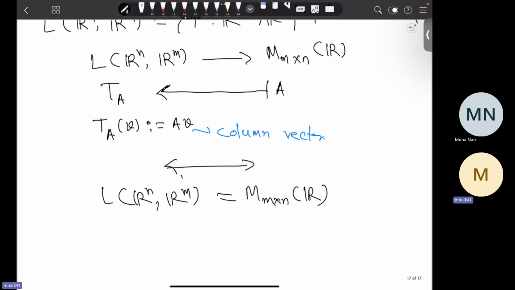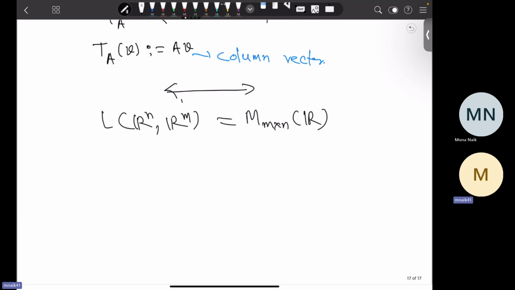When n is equal to m, I will write just L(Rn). By definition, this is really L(Rn, Rn).